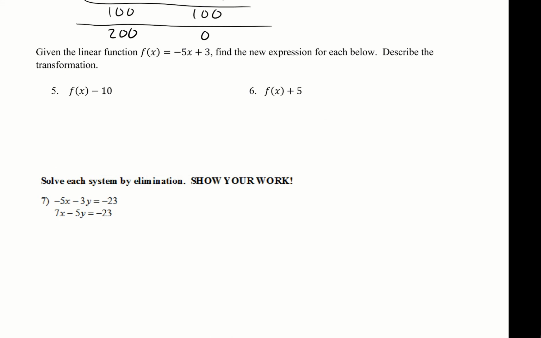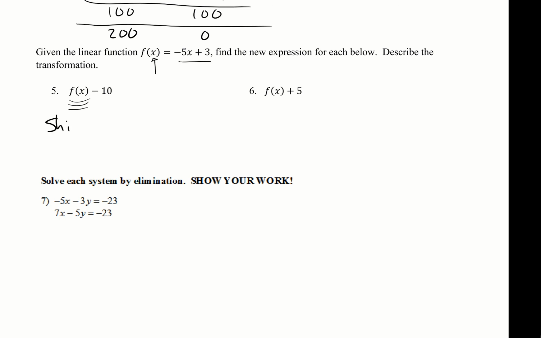Every single time I produce an output from my function, an x value goes into that, and when I evaluate it, this f of x represents the output that I get as I place x values in it. Well, this says I'm going to decrease the output by 10 units. So I'm taking this curve and shifting the entire thing down by 10 units. So that's the description of the transformation.